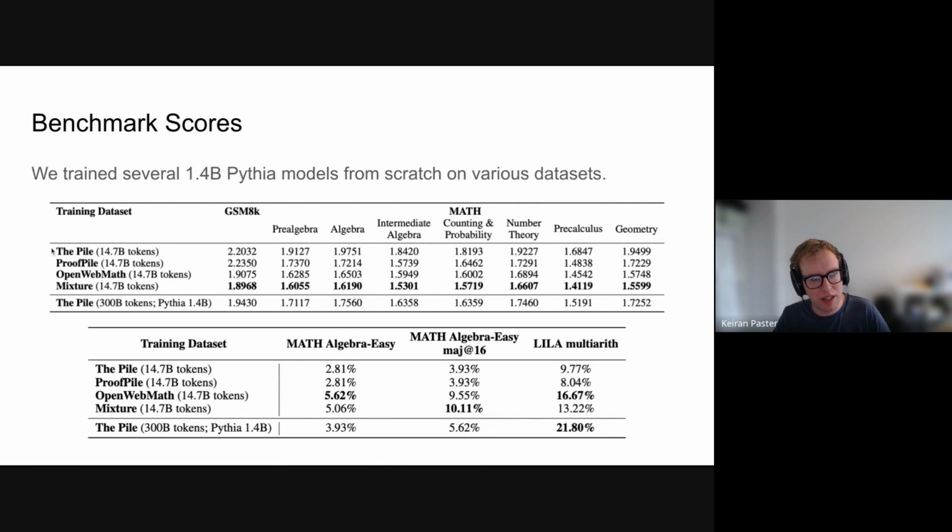For those who are not familiar, the Pile is a collection of a bunch of natural language sources. Proof Pile is mostly arXiv documents, but also a small collection of formal math and math textbooks.